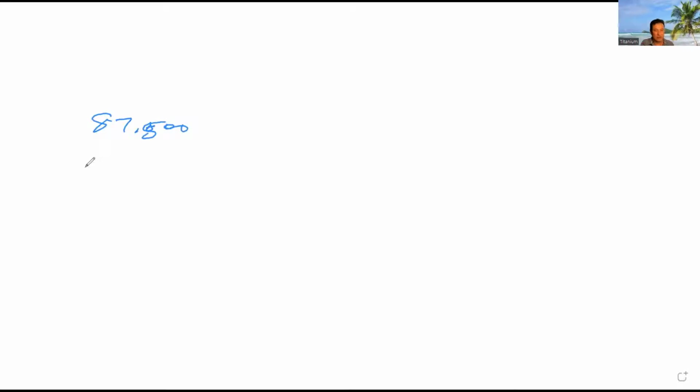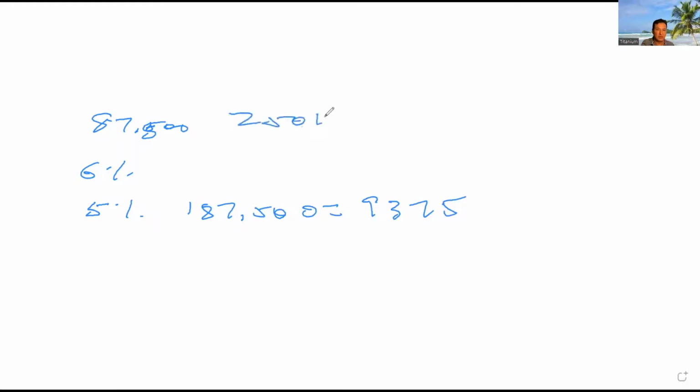If you had a 5%, 6% net rental yield, and let's say 5% interest rates, so your mortgage is 187,500. 0.05 times 187,500 gives you 9,375. And 6% of the purchase price of 250,000, 0.06 times 250,000 is equal to 15,000.